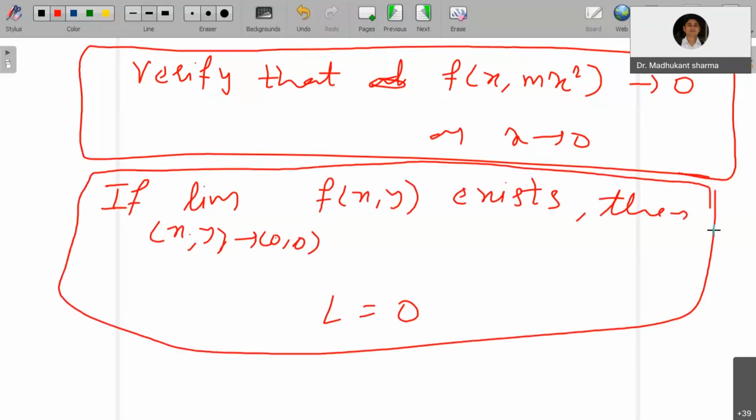Okay, if this happens, so L equals 0, you can start working. Now, let epsilon greater than 0 be given.